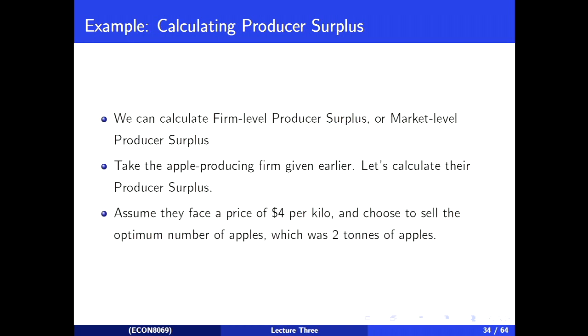Oh, yeah, and typically, in most cases, I'll be asking you to do qualitative analysis, which is to say, does the producer surplus increase or decrease, by how much, what is the such and such. Sometimes you'll be asked to do this numerically, but rarely.